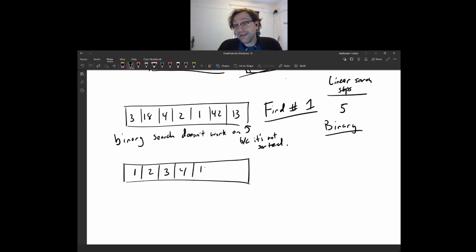Okay, so now we have a sorted list: 13, 18, 42. The binary search is called binary for one reason: at every step of the algorithm, it removes half of the remaining list.